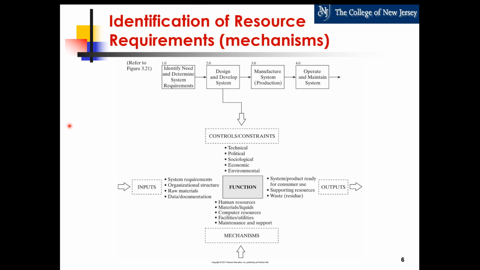Okay, so after you have put in place all these specifications, you are in a very good place to identify the resources that you need to deploy this function of bringing your system into being.